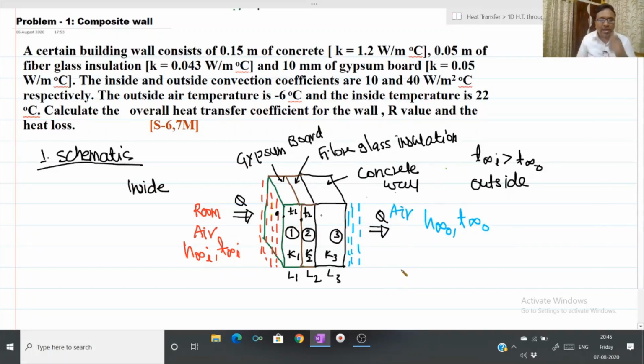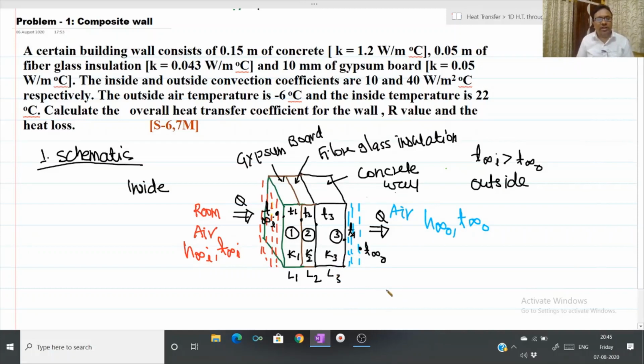Temperature at the interface of fiberglass insulation and concrete wall is T3. And finally, the temperature at the concrete wall right hand side face, next to the cold fluid, is T4, and the temperature of the cold fluid is represented by T infinity o, and the temperature of the hot fluid is represented by T infinity i.